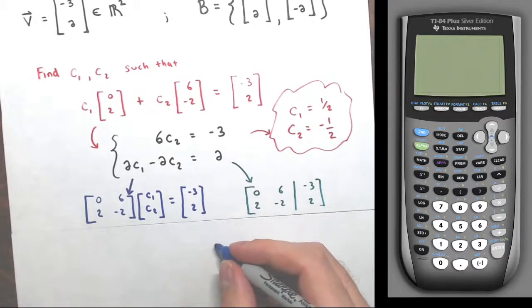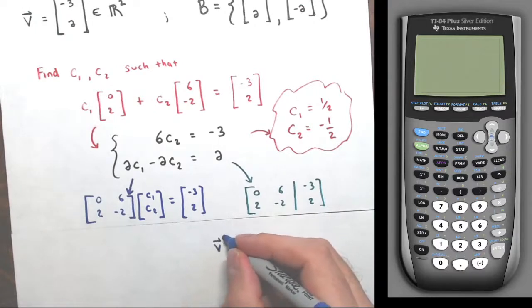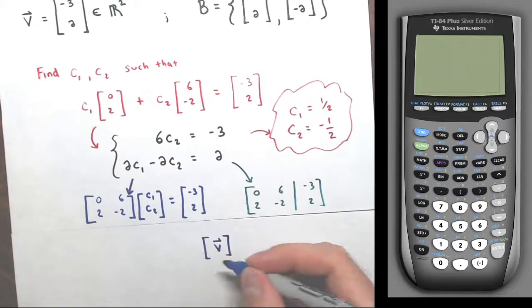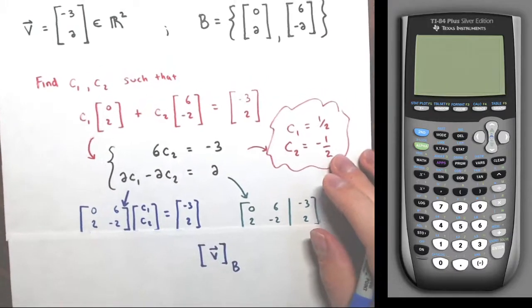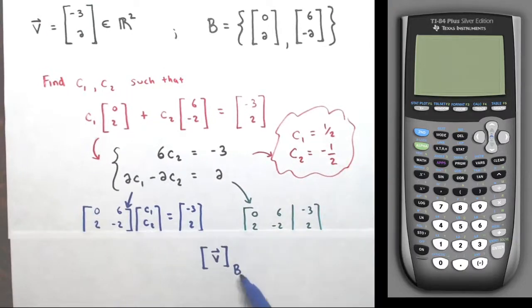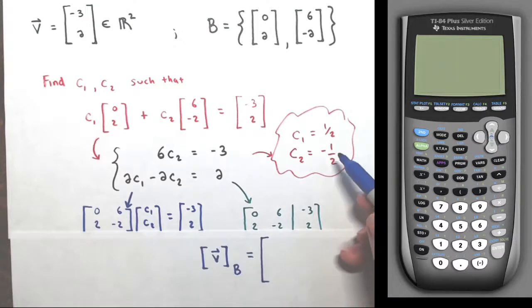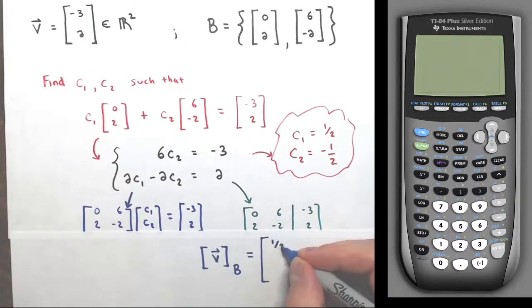So a coordinate vector, with respect to basis B. The coordinates of vector V with respect to basis B is this vector here, where again the first component is 1/2, second component is negative 1/2. And double check.